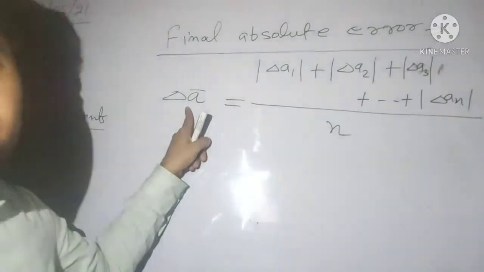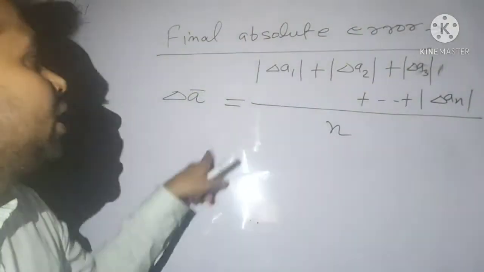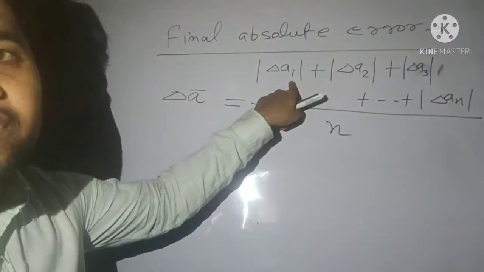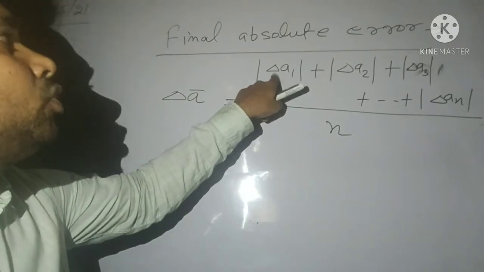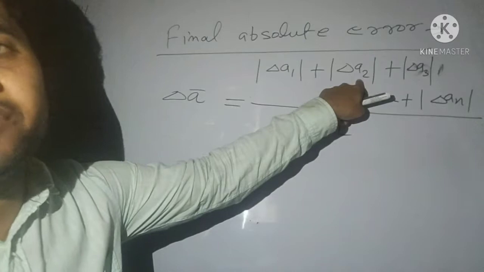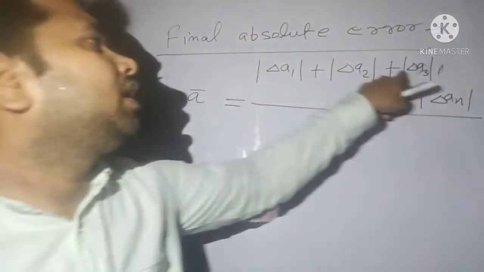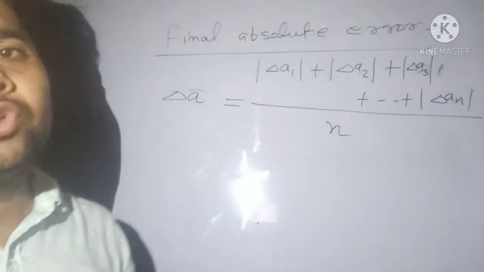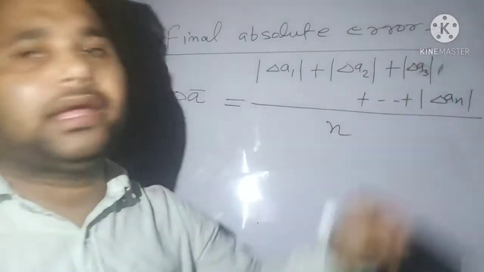Here delta A bar, what is delta A bar? Delta A bar is the final absolute error. Delta A1, what is delta A1? Delta A1 is the difference of true value and first observation. Delta A2 is the difference of true value and second observation. Delta A3 is the difference of true value and the third observation. Similarly, ... delta AN.